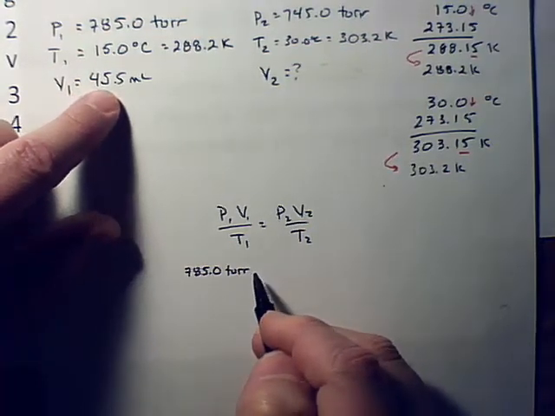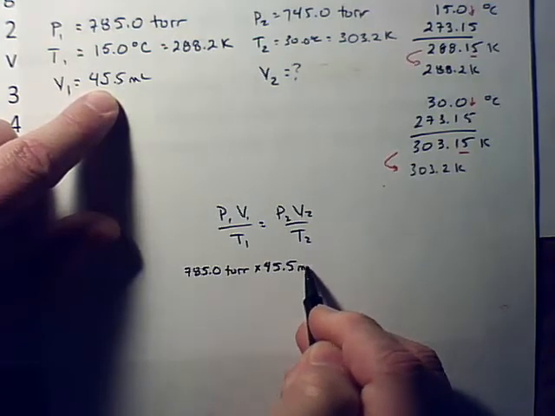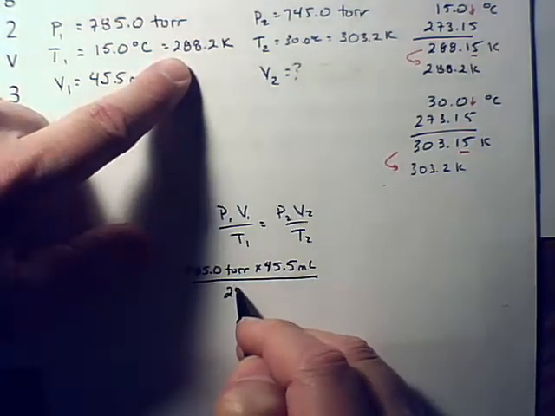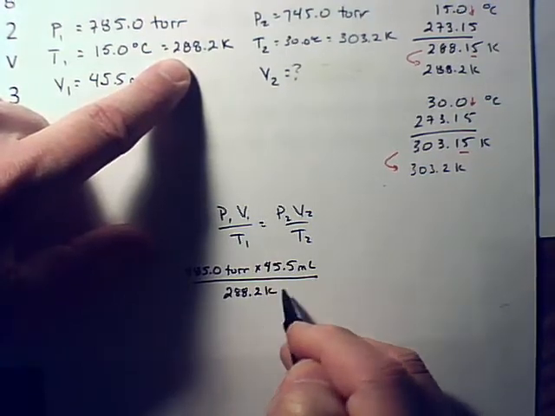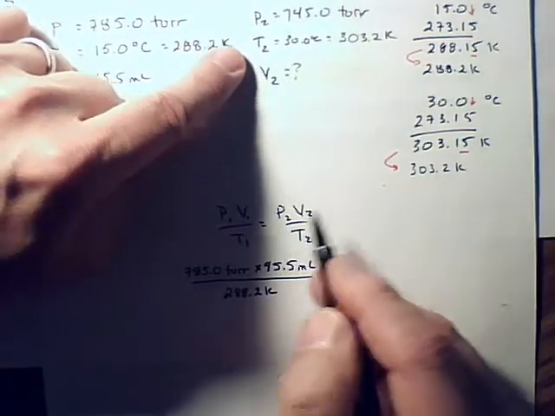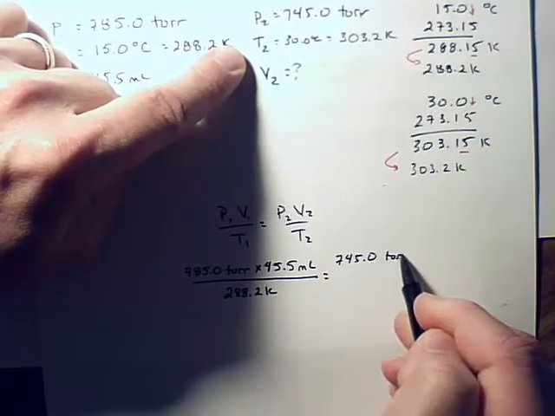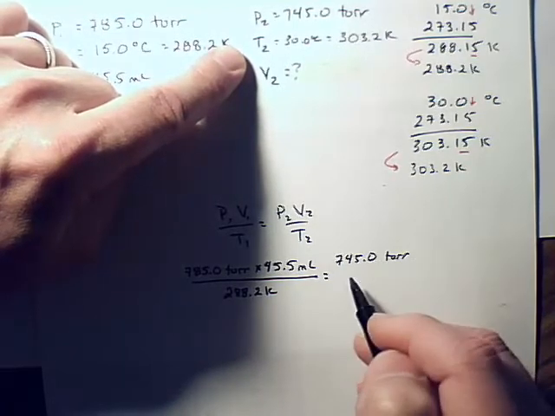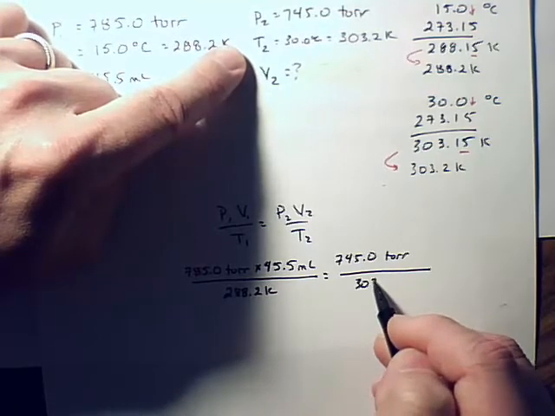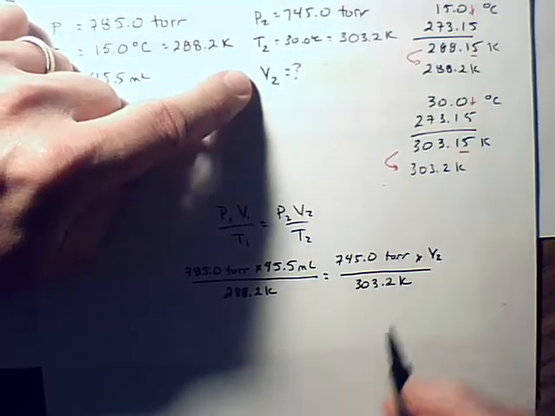V1 is 45.5 milliliters. T1 is 288.2. P2, 745.0 torr. T2, 303.2 K. And V2 is the unknown.